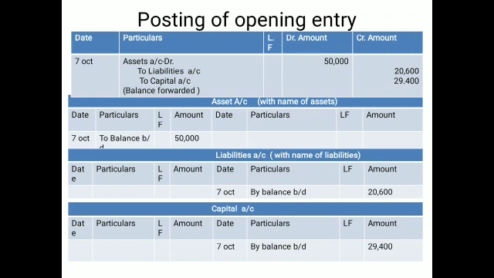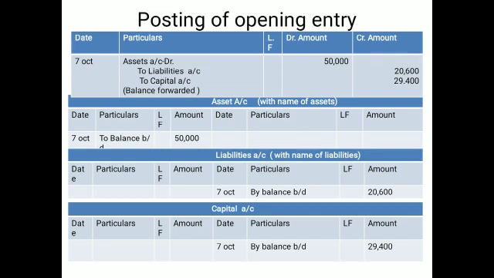Why are you writing "by balance brought down"? For the capital also, "by balance brought down", because as per the rules of debit and credit, when an asset is in the business, it will remain on debit, and the liabilities and the capital will remain on credit. So that's why the asset starts with the debit balance, and the liabilities and capital start with the credit balance. So you have to think about the items of debit and credit.